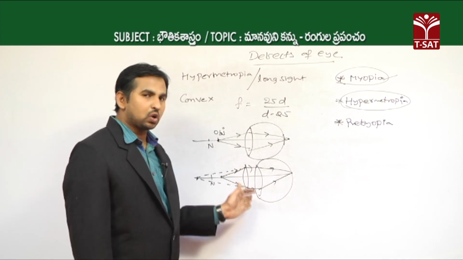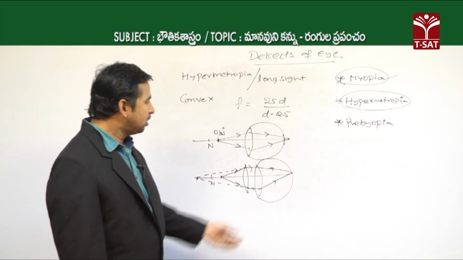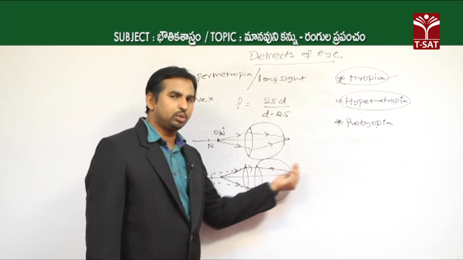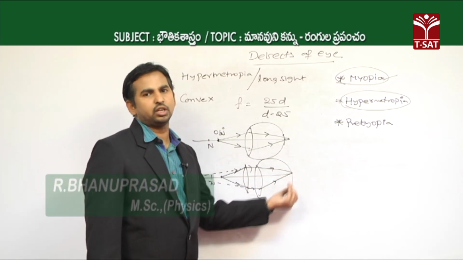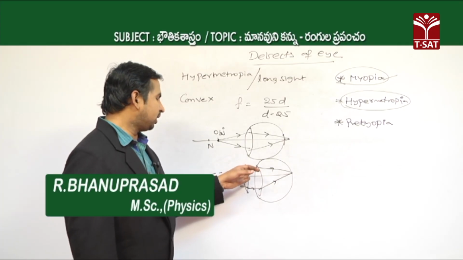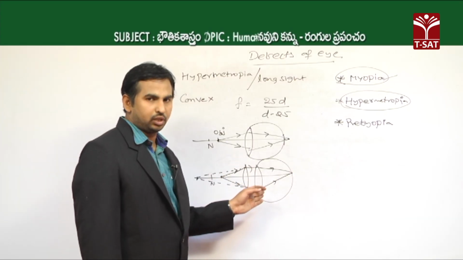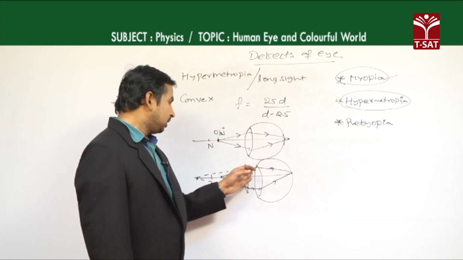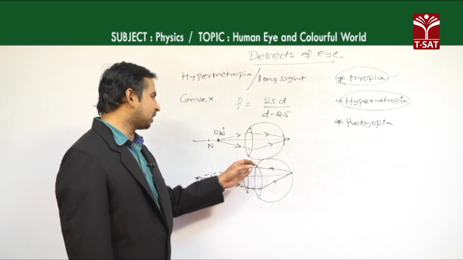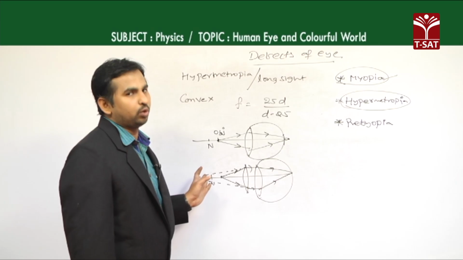If we use one more convex lens, the light rays converge two times, so the converging point comes closer and forms exactly on the retina. The light rays coming from the object, when passed through the convex lens, appear to be coming from after the near point.